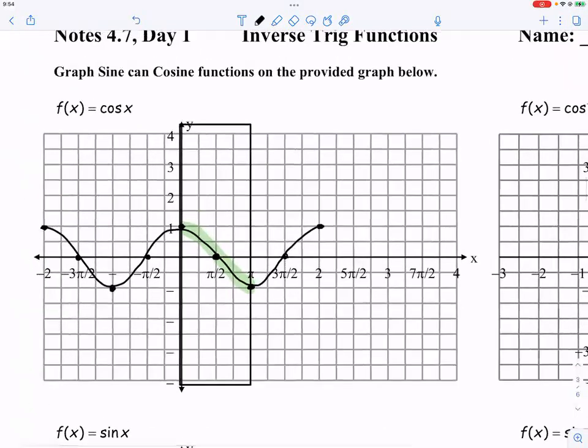Okay, the reason is this restriction makes a 1-to-1 function.